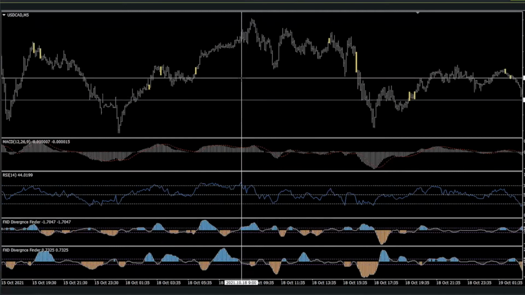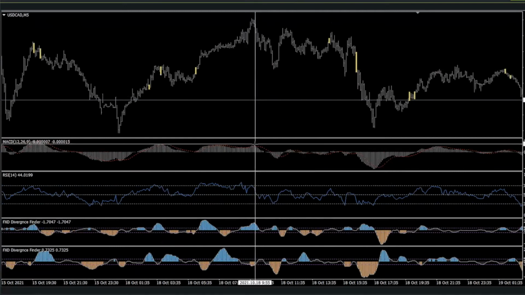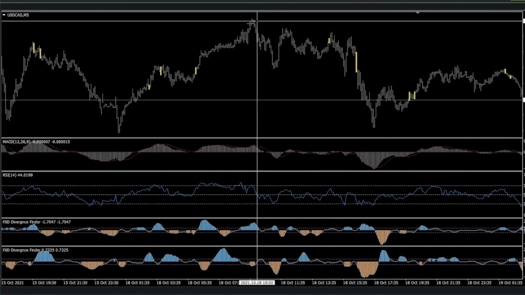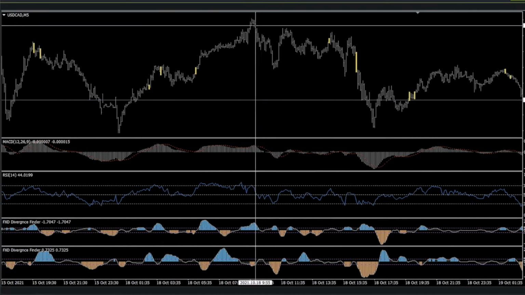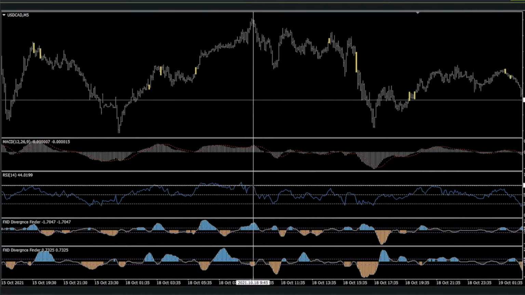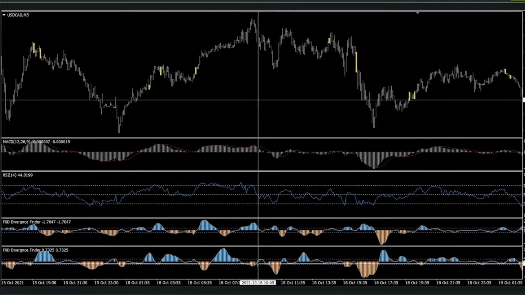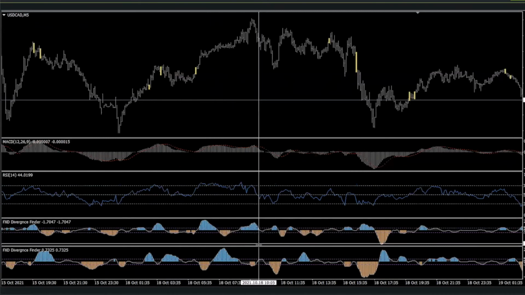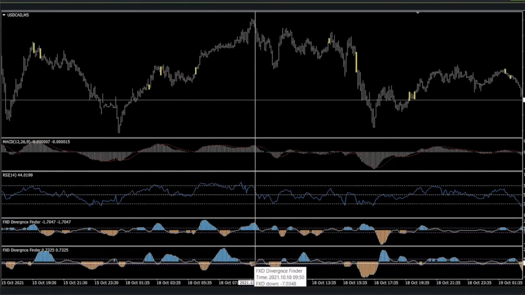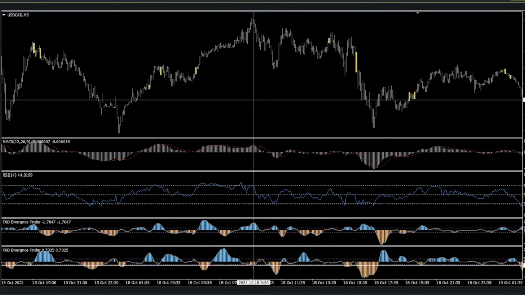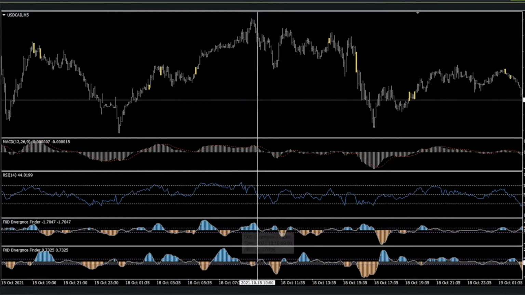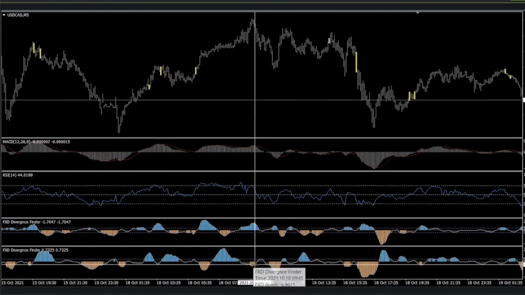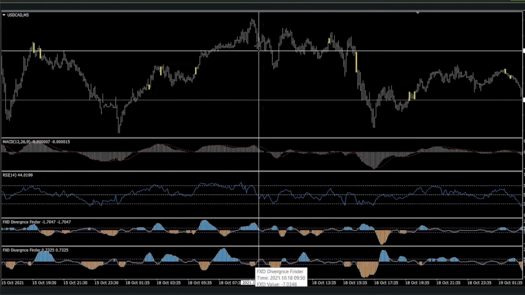As you can see here, the MACD missed it, didn't give any divergence. The RSI gave a small one, but it wasn't so clear. But on this one, as you can see, there was a divergence. This was for the uptrend. And you started to see a sign that it should start to go down. In an uptrend, you are starting to see weakness. So this gives you a very good idea that you could anticipate a top from here.